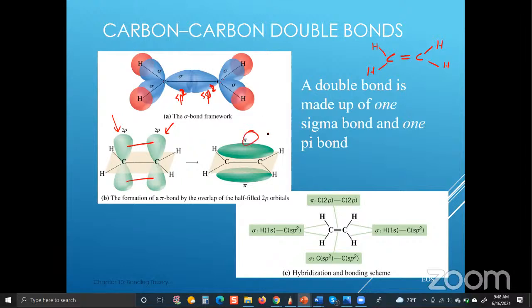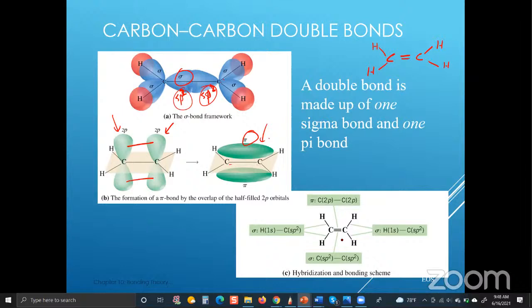So basically, in the double bond between the two carbon atoms, one of them would be the sigma bond, which we talked about here, as a result of the overlap of sp2 hybrid orbitals here and here. And then the pi bond would be formed as a result of the lateral or sideways overlap of p orbitals, which gives you the pi bond, which is what this is.